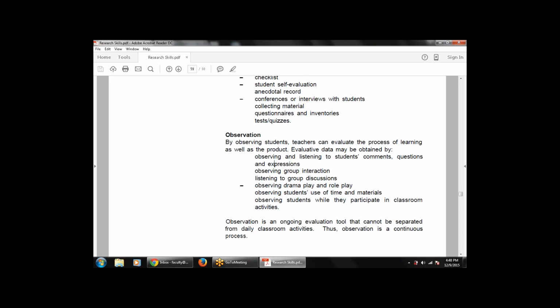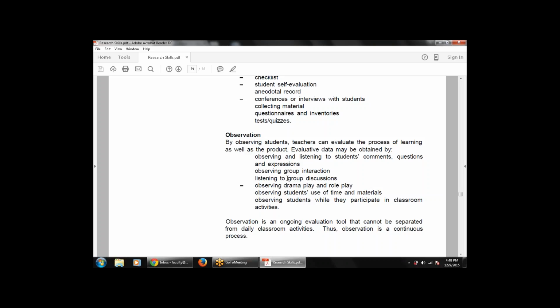Evaluation data may be obtained by observing and listening to the students' comments, questions and expressions. Whatever comments, suggestions or scenarios they give, observe and listen to them.